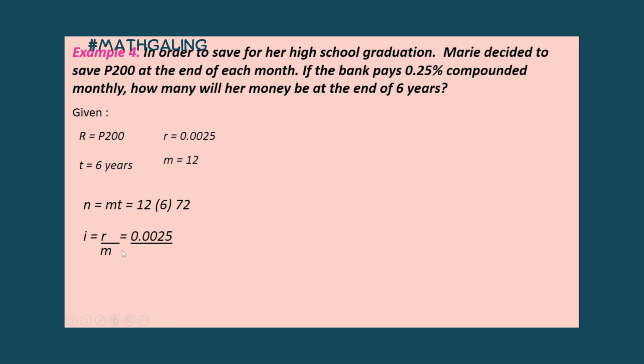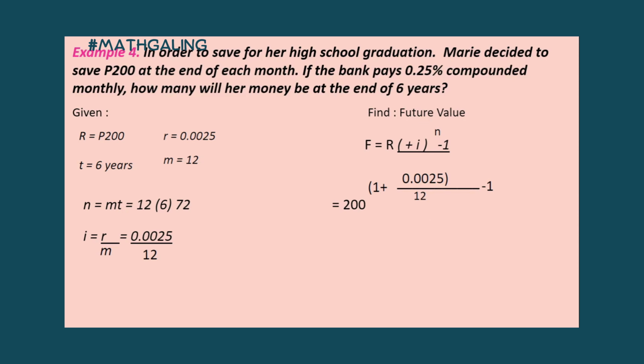We're going to find the interest rate. We're going to find the interest by dividing R and M. So 0.0025 over 12 is equal to 0.0025. So let's find the future value. We're going to find the future value by using the future value formula.